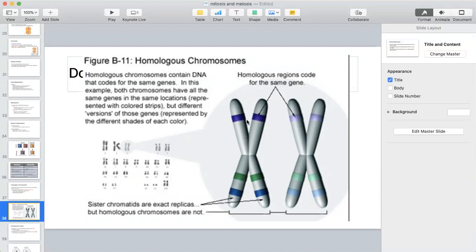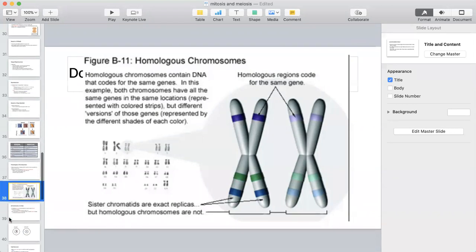And each one of those chromosomes has different genes located on them at various loci. And these genes are going to code for the different traits that we see in an individual, right? Our eye color and hair color, skin color, all of those traits and characteristics are determined by genes that are found on our chromosomes. So we're clear about that.